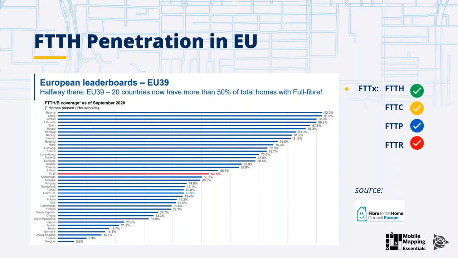FTTC is fiber to the cabinet, where the fiber cable arrives at the cabinet, and then from the cabinet the typical copper cable goes to the house of the user, with a consequent loss of performance. Then there is fiber to the premises, and fiber to the radio, where the last mile might be covered by a radio link from the fiber optic cable to the home of the user. All of this belongs to the FTTX concept or terminology.